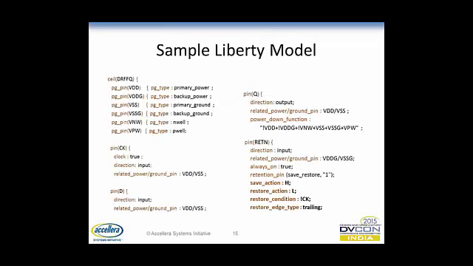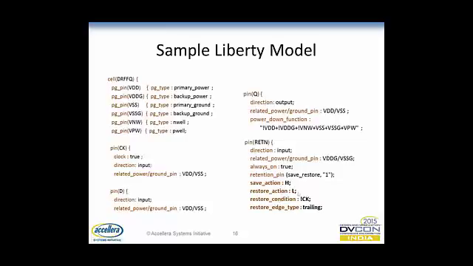So here is a sample liberty for a retention flop. As you can see in the retention pin, there are attributes like save action, restore condition, and restore edge. All these capture the restore protocol requirements. Save action is when this pin goes to a high value. Restore action happens when this pin goes to a 0 value, that is low.